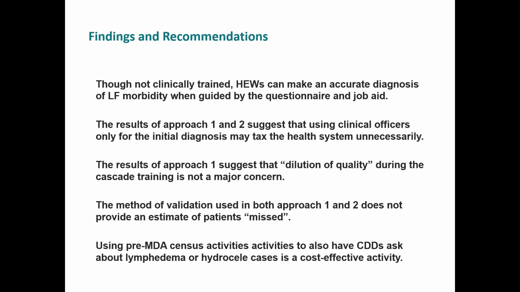And finally, using the pre-MDA census activities, especially using health extension workers to collect the data, is a cost-effective activity. It is also important for the health extension workers or community health workers to focus on other programs rather than making an independent burden assessment survey. Next, please. Thank you.